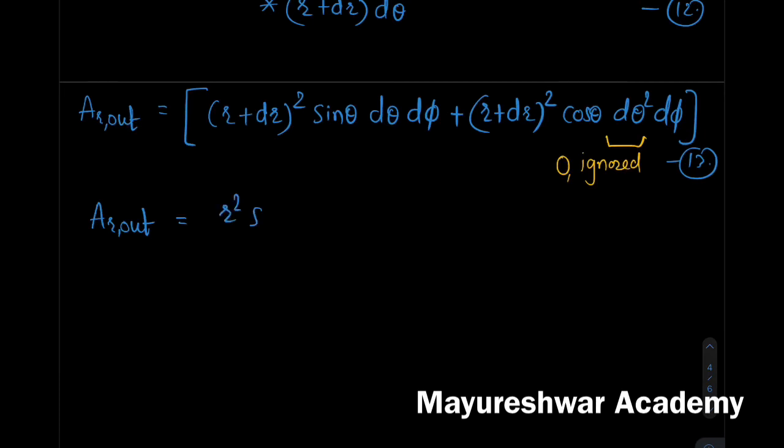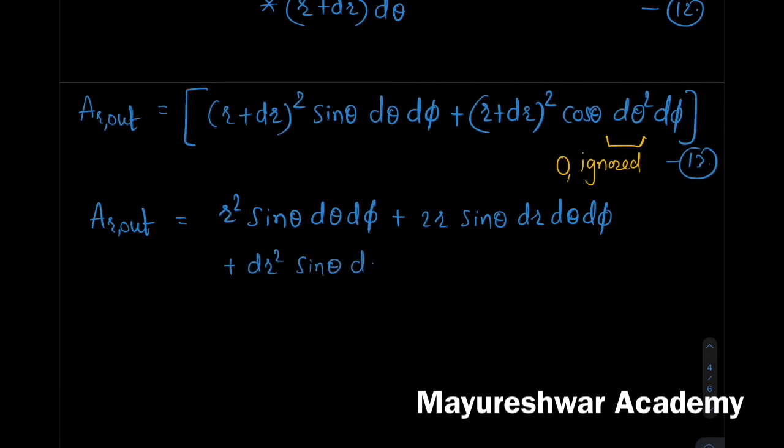So this is going to be r squared sine theta d theta d phi plus 2r sine theta dr d theta d phi, plus dr squared sine theta d theta d phi.